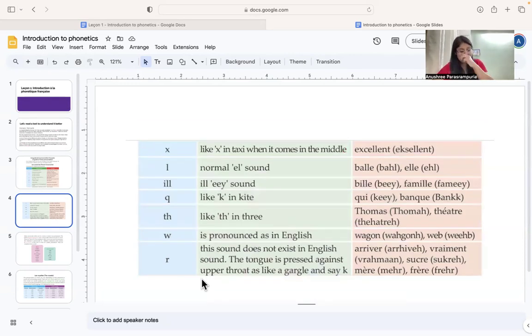R, now, this sound does not exist in English. It's basically your tongue being pressed against the upper throat, as if you were gargling. For example, arriver, vraiment, sucre, mère, frère. The R sound will take a little while to practice and get into habit.